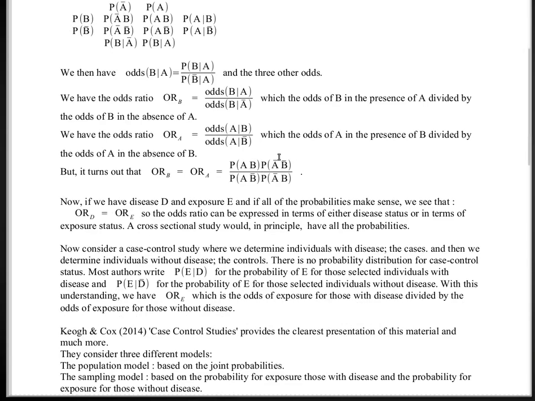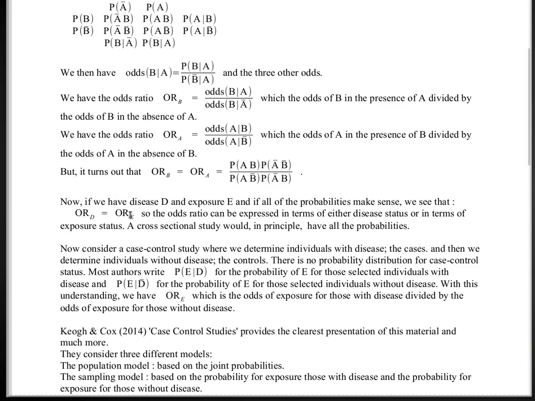So if we think of A and B as disease and exposure, and all of the probabilities up above make sense, then the odds ratio D is equal to the odds ratio E. Another way of spinning this is the odds ratio expressed in terms of disease. What do we mean here? That is the odds of disease for those exposed divided by the odds of disease for those unexposed.